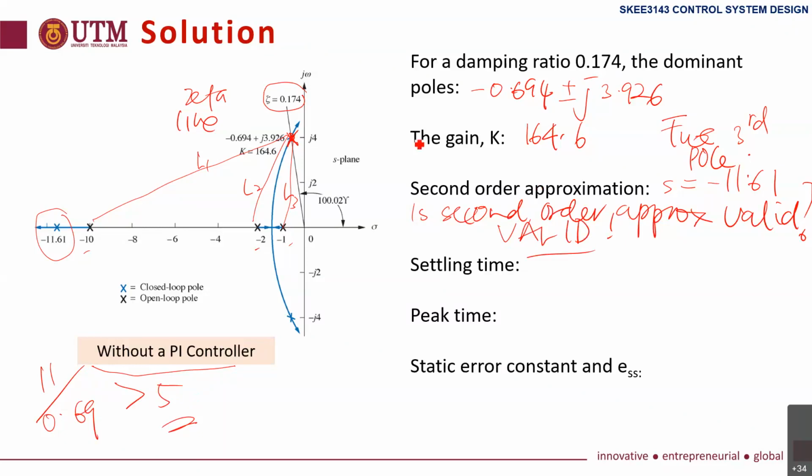Now find the settling time, Ts, peak time, and error. I want you to get all these things: settling time, peak time, and error for the system. Please calculate now.